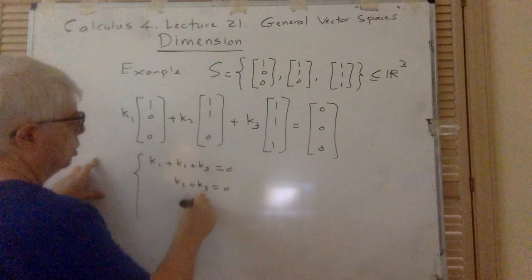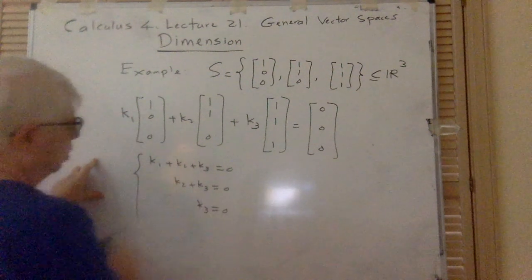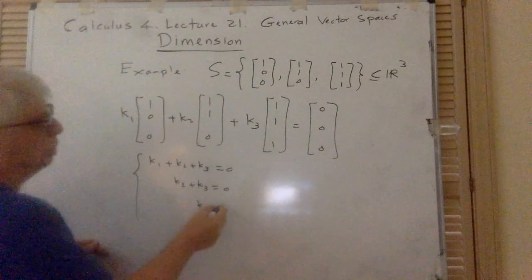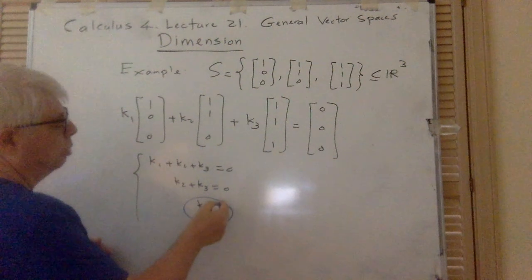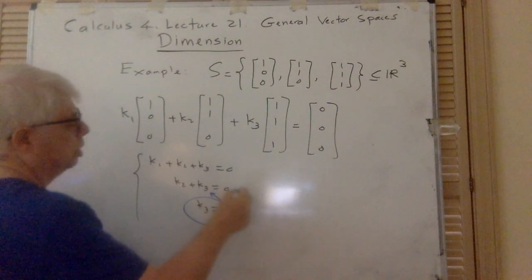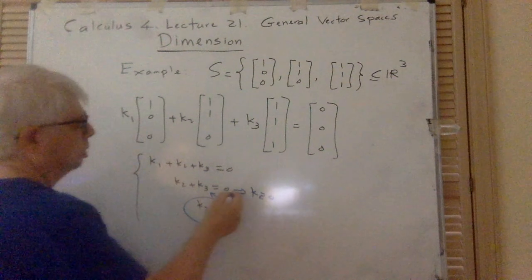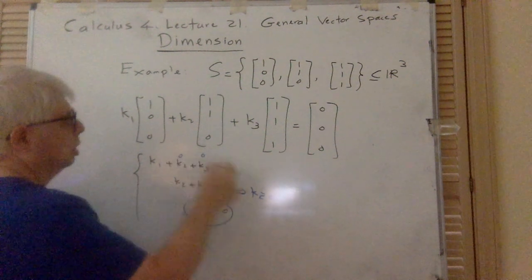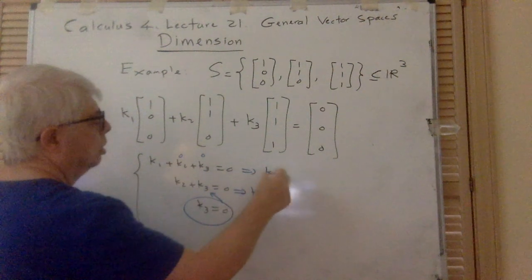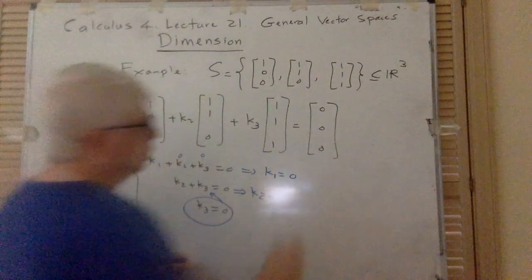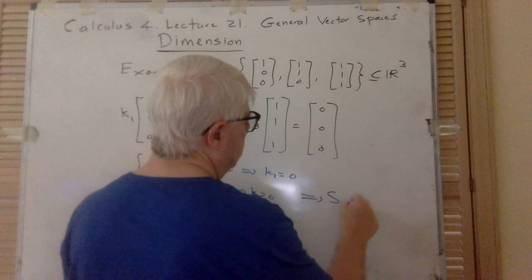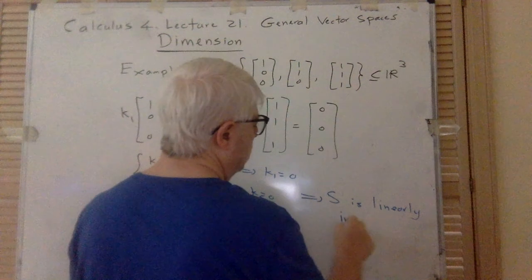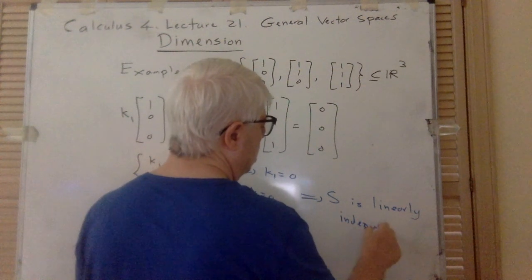The third one is simply k3 is 0. From here, I have k3 equal to 0. I put 0 here, this gives me k2 equal to 0. Then put 0 here and here, so this is 0 and this is 0. This gives me k1 is 0. So S is linearly independent.